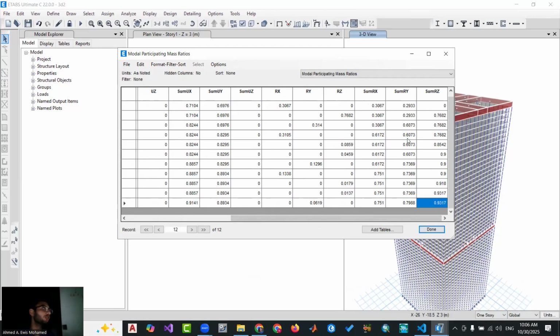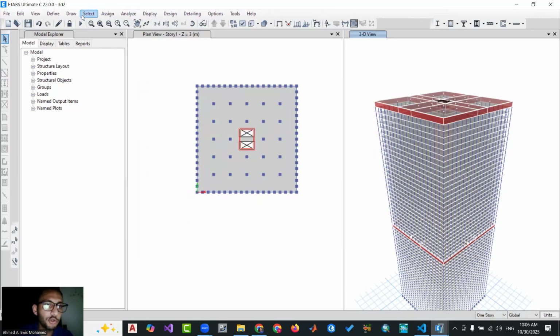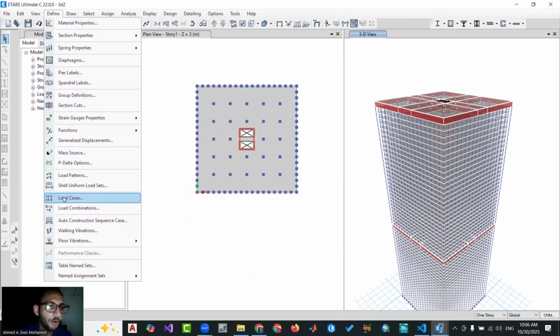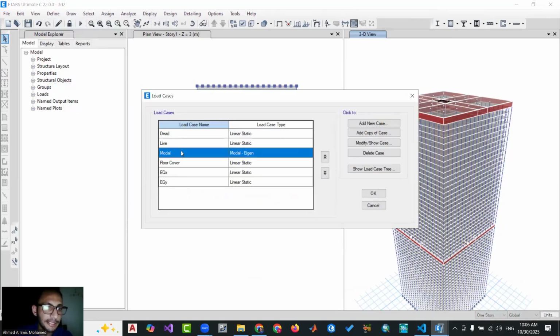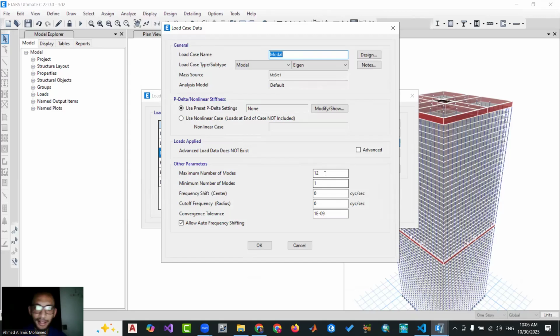But if you want to increase your modes, it's very easy. You can go to define and go to load cases. And here, modal analysis, modify. Yeah, this one, maximum number of modes.